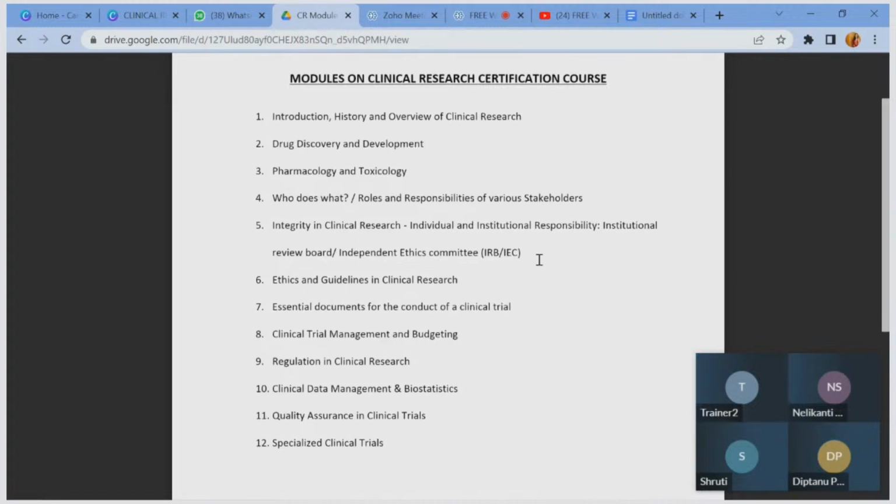This is our module of the clinical research certification course.